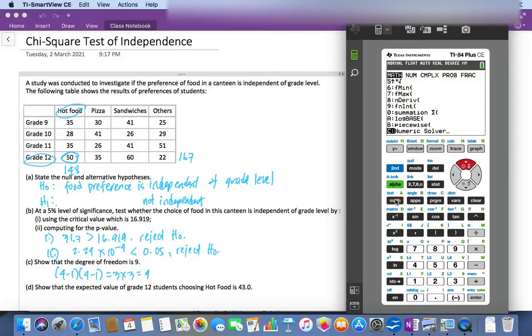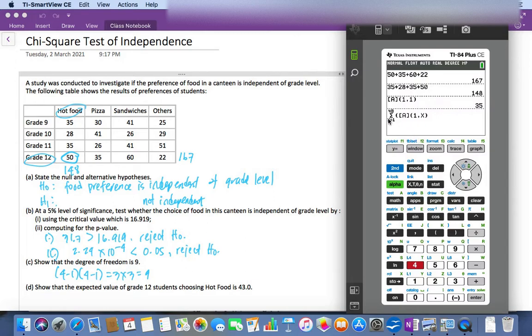So I go to sum of all these matrices. I'm going to add, for example, all the elements in the matrix from row 1 and all the columns ranging from 1 to 4.